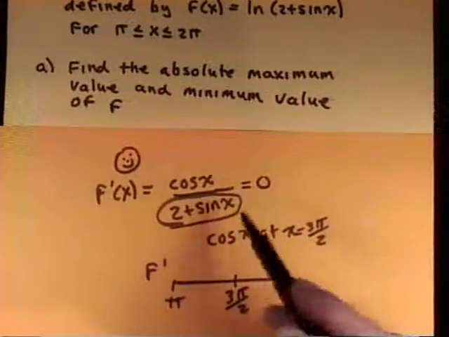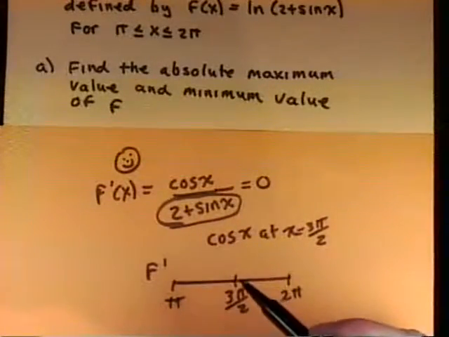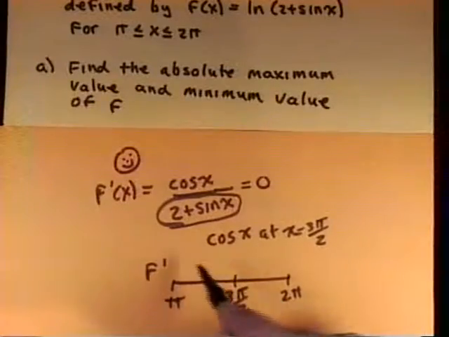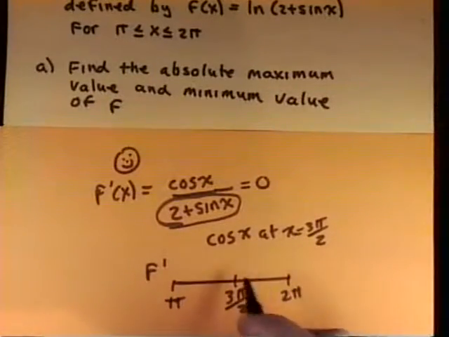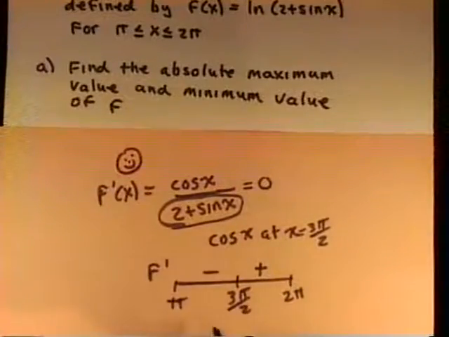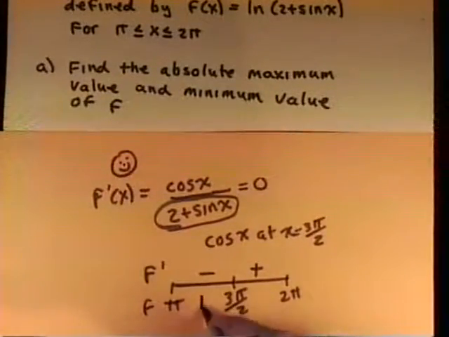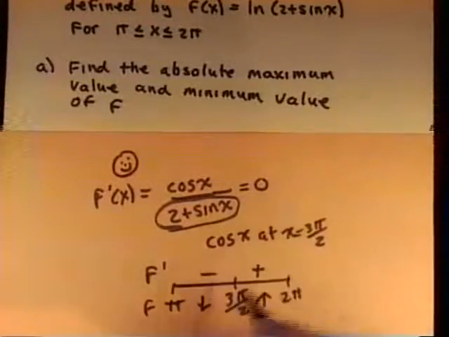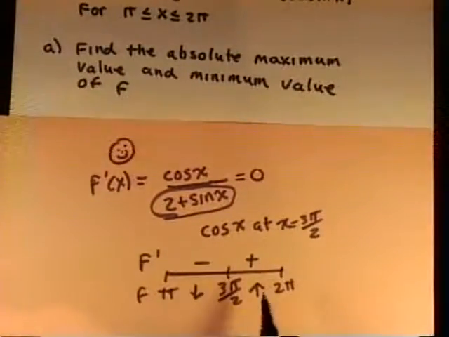We know the denominator is always positive. Pi is less than it, and cosine of pi is negative 1, so that's negative, and that's positive. So what do we know 3 pi over 2 is, a minimum or a max? It's going to be a minimum because it's first decreasing, then it's increasing. Very good. And basically, when you show this, this proves two things.